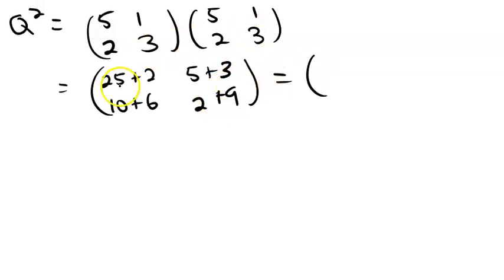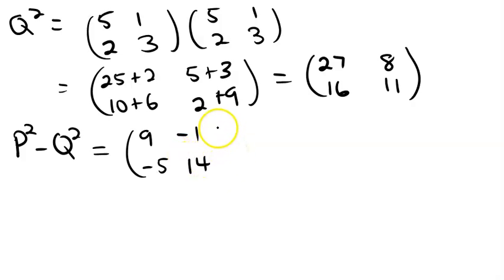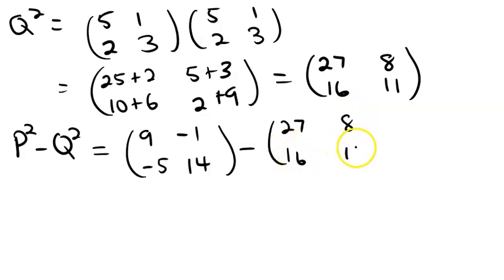So we have 25 plus 2 is 27, and then 5 plus 3, that is 8. Then we come here, 16 and 11. So we can now find P squared minus Q squared. P squared is 9, minus 1, minus 5, 14, minus Q squared, which is 27, 8, 16, 11.